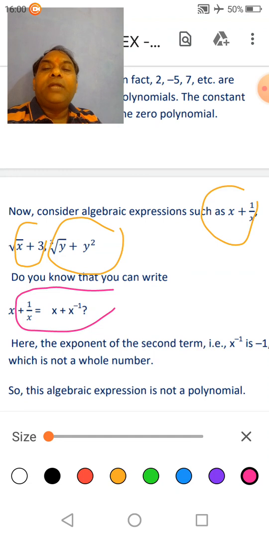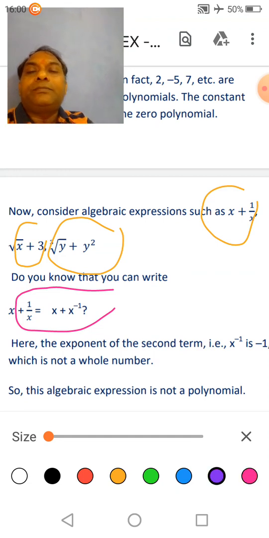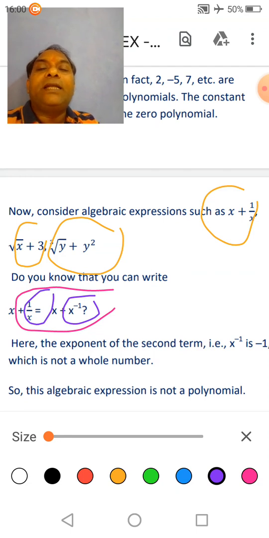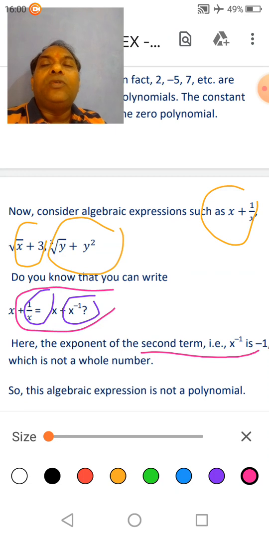Here the exponent of the second term x to the power minus 1 is minus 1, which is not a whole number, because in case of whole numbers we know that 0, 1, 2, 3, 4, 5 up to infinity are whole numbers. So minus 1 is not a whole number.